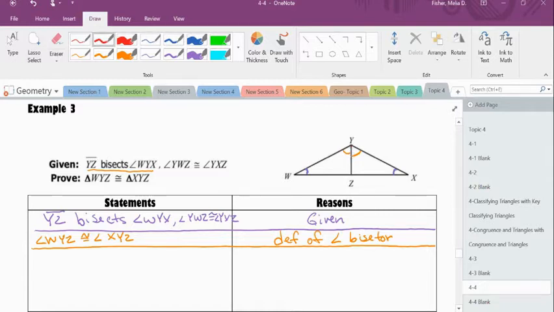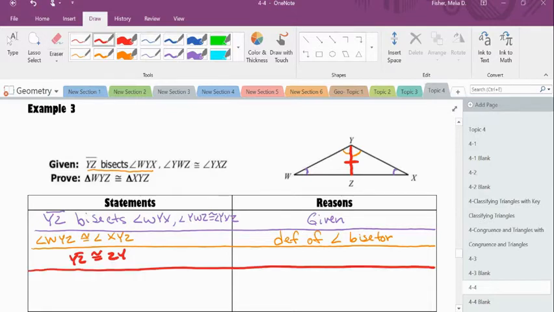We also see that YZ is going to be congruent to YZ. And that is the reflexive property.